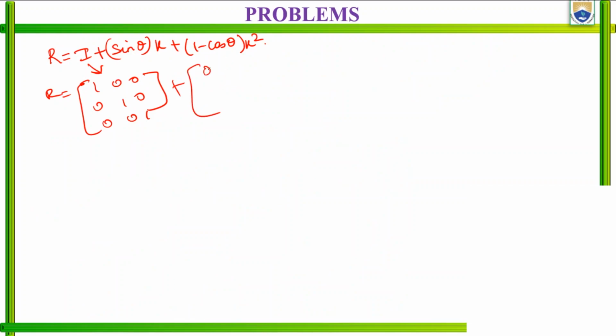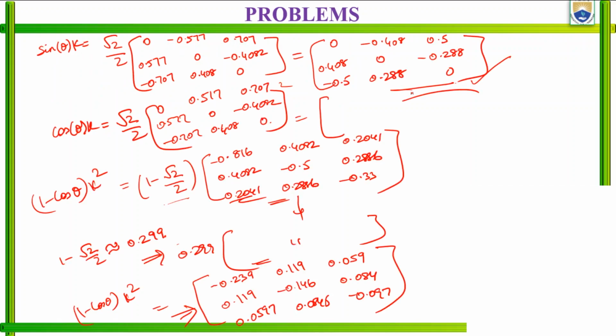So, it is 0, minus 0.408, 0.5, 0.408, 0, minus 0.2886, minus 0.5, 0.2886 and 0, plus 1 minus cos theta k square.